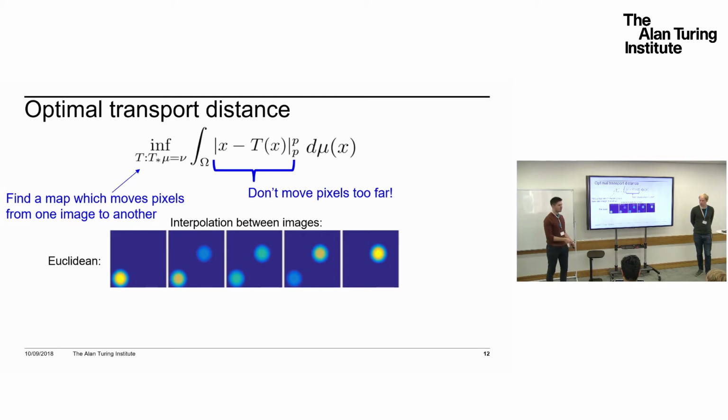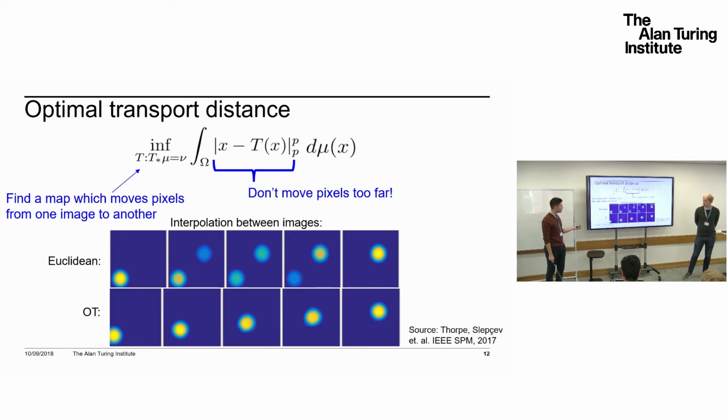I'd walk back, chop off some more, and keep walking back continuously until I've moved my entire image. In the optimal transport framework, I'm going to take the whole mass and just keep pushing it towards the new one. And what we see is that optimal transport preserves some geometric properties of the original image.